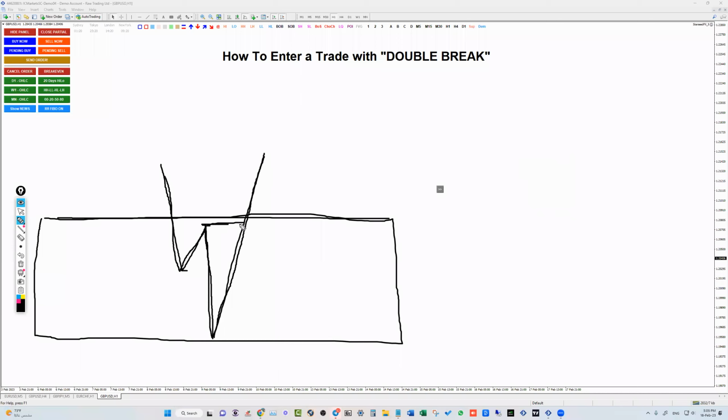There is a high broken by the price, and we are looking for the order block. Sometimes there is one order block, sometimes there are two. This is what I usually do.